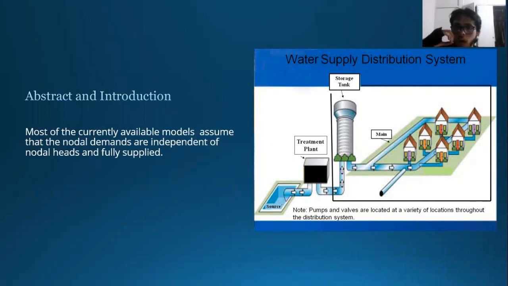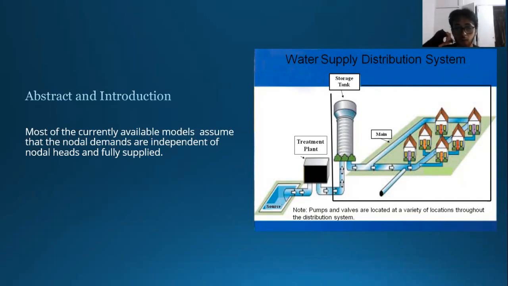We must know that the current available models assume that the nodal demands are independent of the nodal heads and full supply. We know that in practice that doesn't happen. In nodes we can have a little bit of discharge or overload, and that load is proportional to its head.